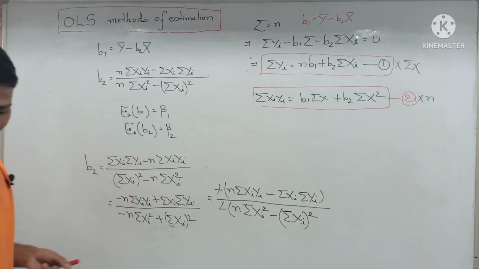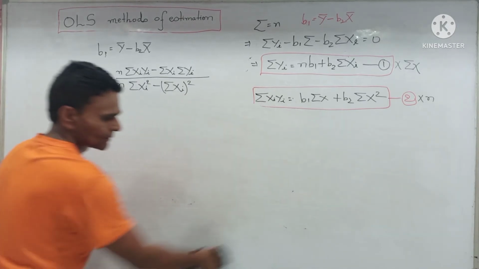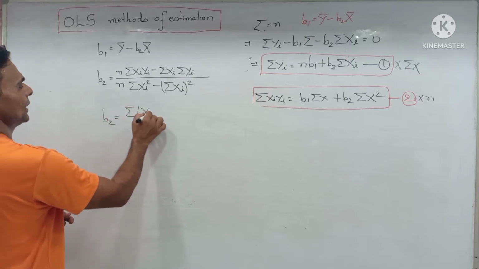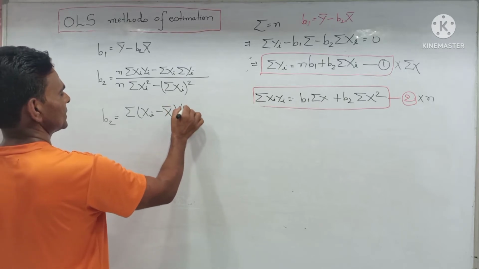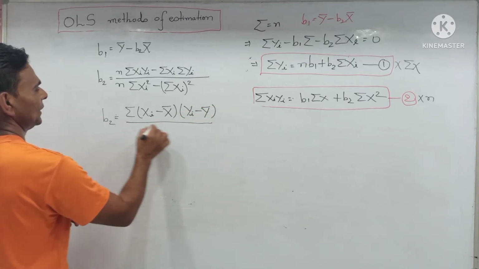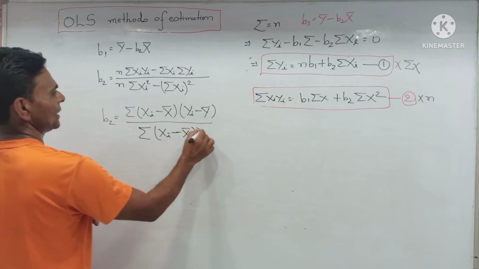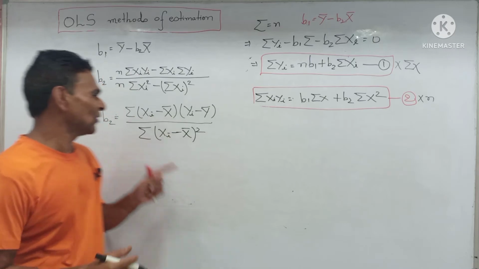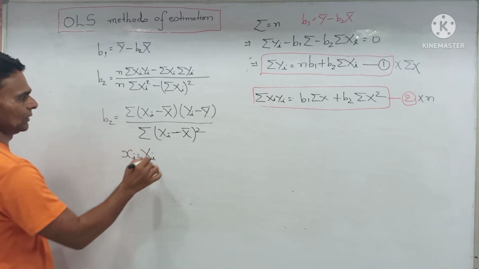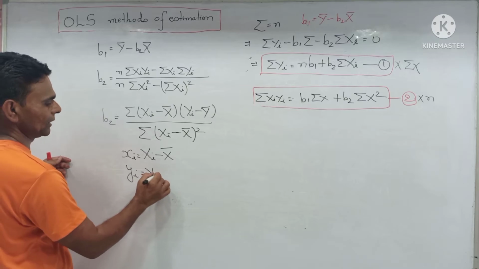You can also put it in deviation form. This can be written as b2 equals summation of xi minus mean x times yi minus mean y, over summation of xi minus mean x whole square. We need to prove how it becomes this. Suppose small xi equals xi minus mean x and small yi equals yi minus mean y.